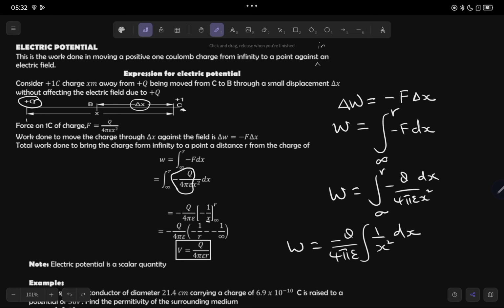So putting back the limits, we get negative 1 over r minus negative 1 over infinity. Now infinity being very far, 1 out of infinity is like picking 1 grain of millet or sugar from a sack.